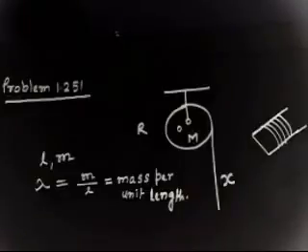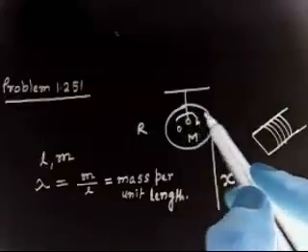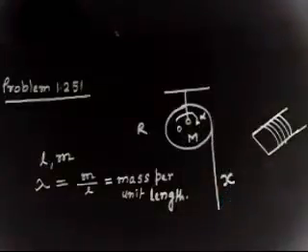Now the question says, find the angular acceleration of the cylinder as a function of the length x of the hanging part of the cord. So we have to find what is the angular acceleration alpha as a function of x.